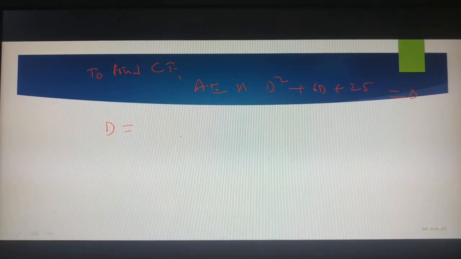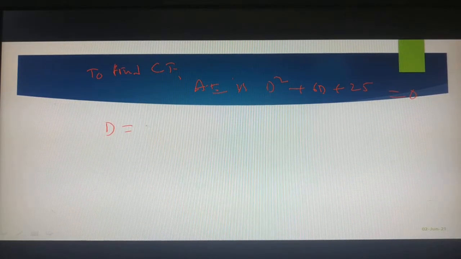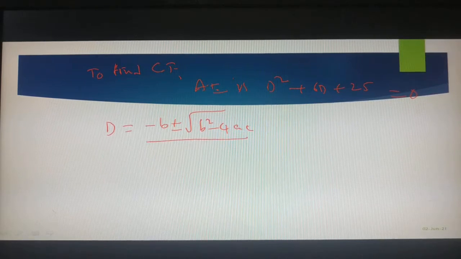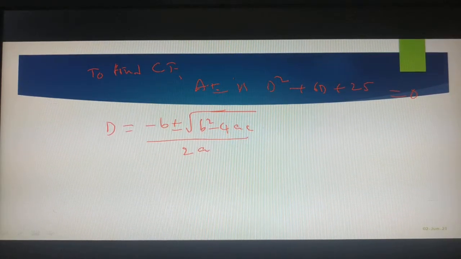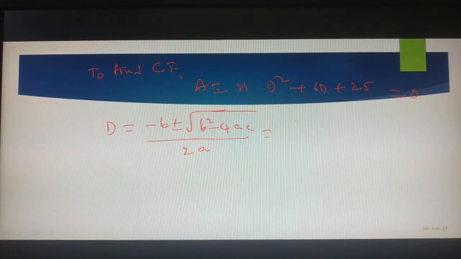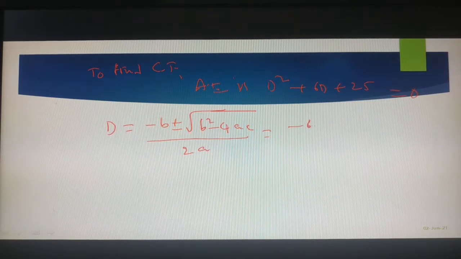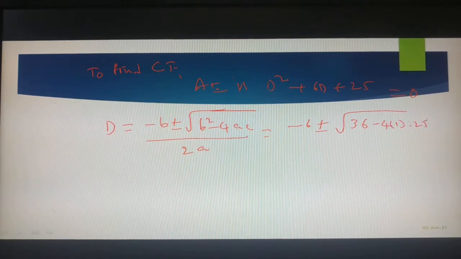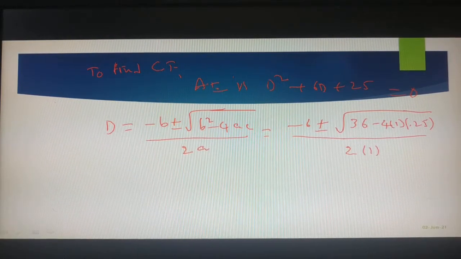If we solve this, we will get the roots for D. What is the formula? Minus b plus or minus under root b square minus 4ac by 2a. If you don't have direct real roots, then you can go this way. So that will be minus 6 plus or minus under root b square means 36 minus 4 into a value 1 into 25, this is 100, divided by 2a, where a is 1.